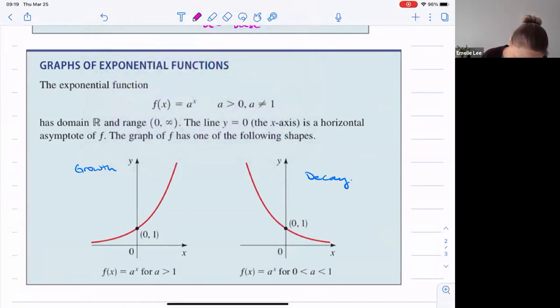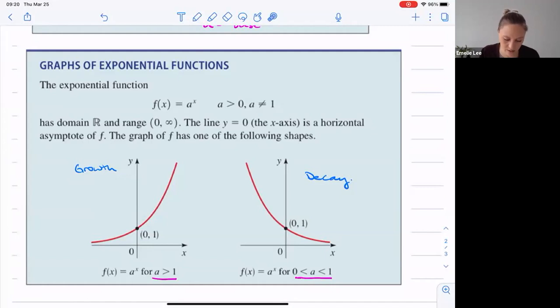So here, let's just highlight these. The base is between 0 and 1, that's when you're going to have decay, right? Whereas in my mind, kind of intuitively, I would say, oh, decay should be negative, but that's not the case. It's going to be a base between 0 and 1.